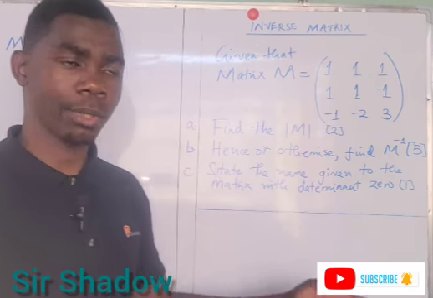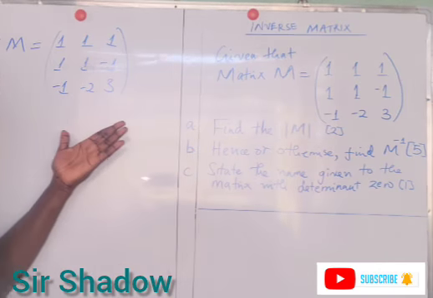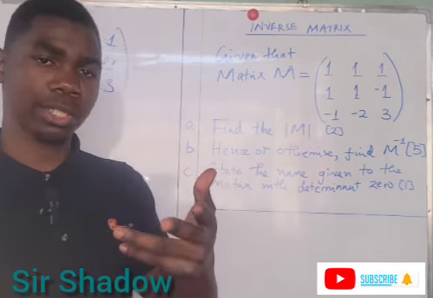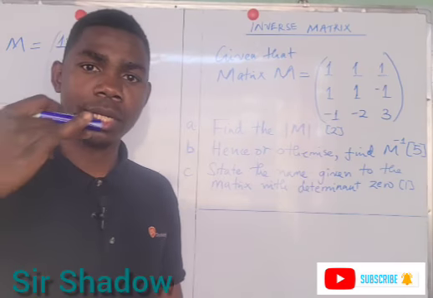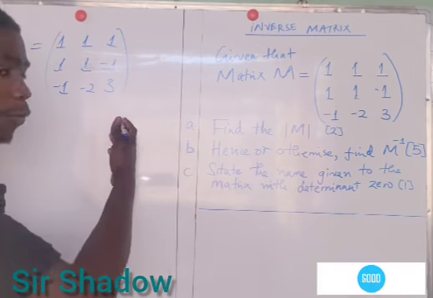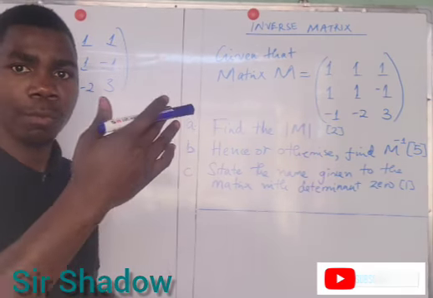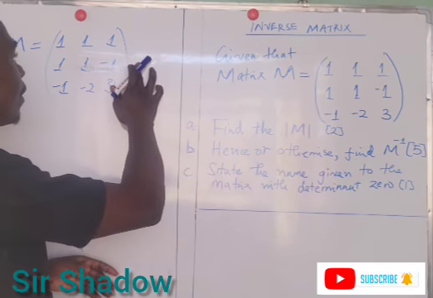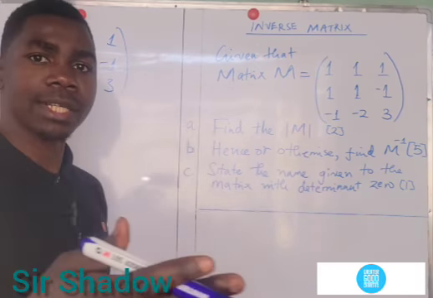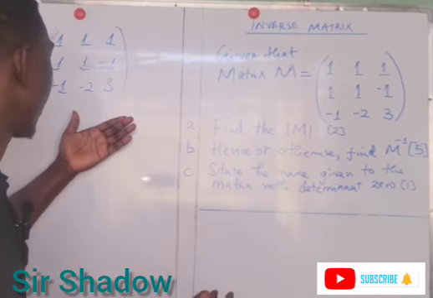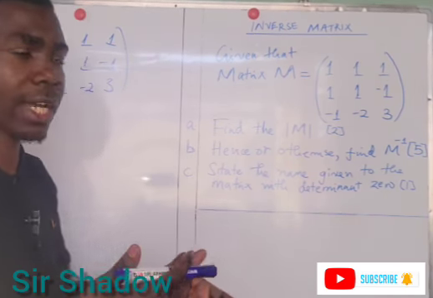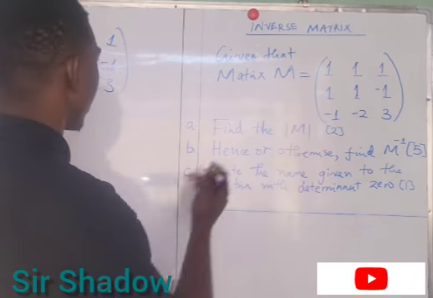From the recent video, we have applied two methods to find the determinant. We have the first one, the method of cofactors, right? Then we have another method, which is the basket-weave method, right? So we want to implement the method of cofactors in order to find the determinant of matrix M.